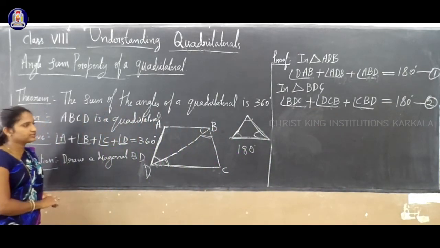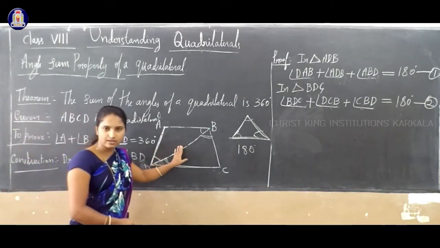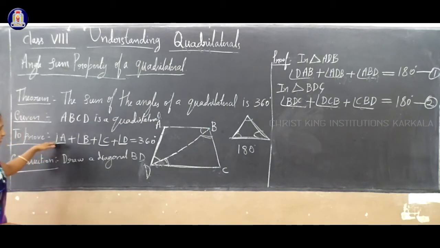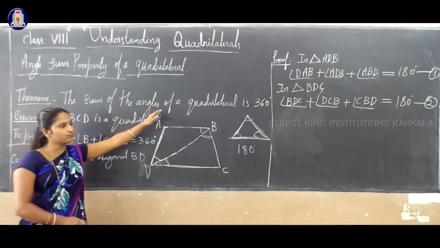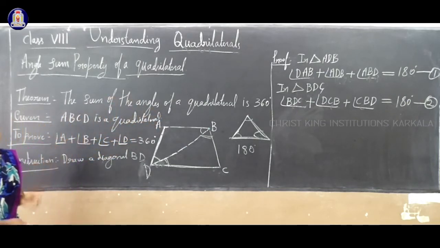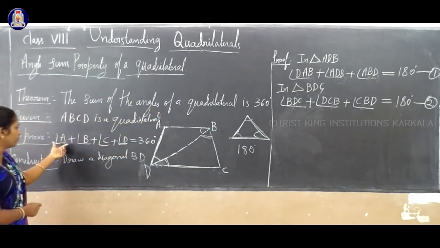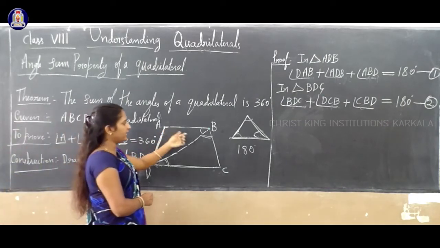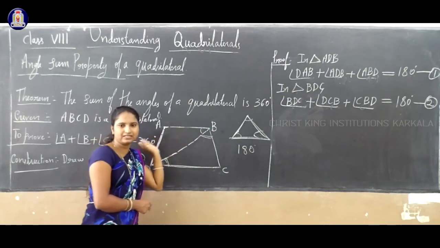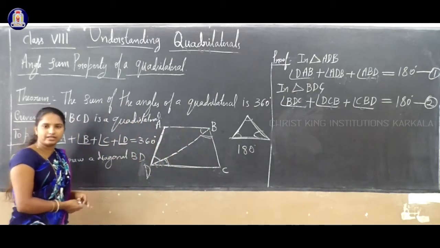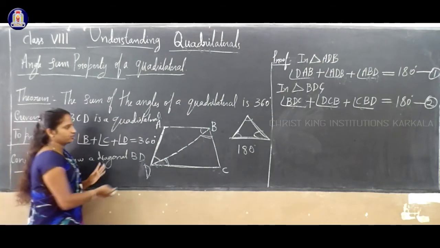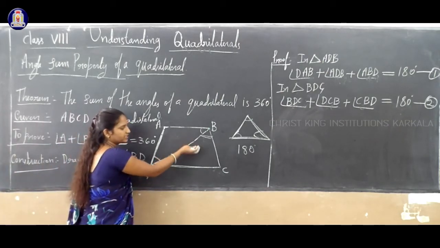Now see the figure. ABCD is the quadrilateral. So what do we need to prove? We need to prove that the sum of the angles of a quadrilateral is 360 degrees. So if you add all the angles, angle A, angle B, angle C, angle D, in total you must get 360 degrees. Clear?